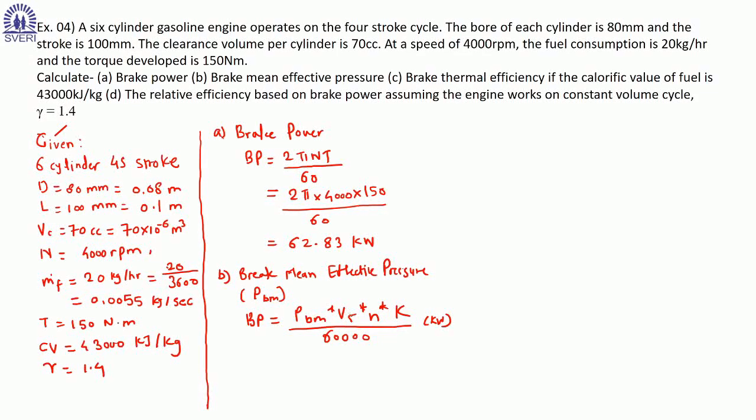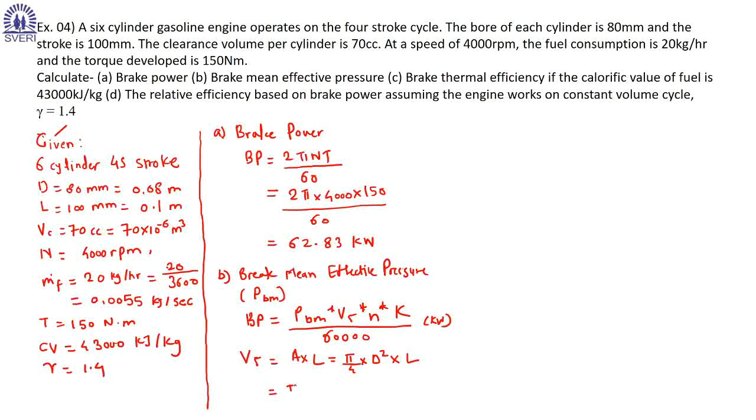We'll start with the swept volume. The swept volume formula is area into L. The area for a cylinder, for a circle, is pi by 4 into D square. If I multiply this area with the stroke length L, that will give you the swept volume. So I'll calculate this.